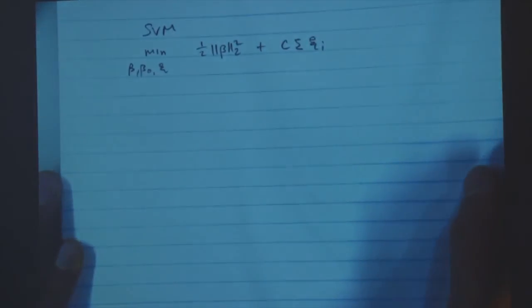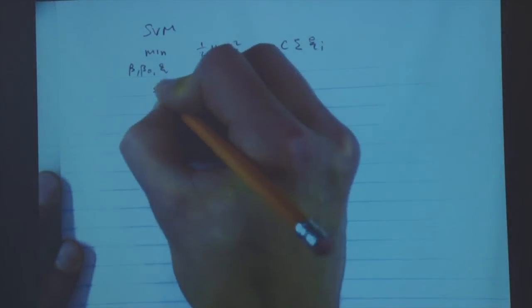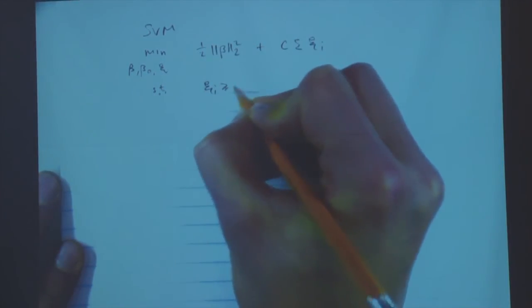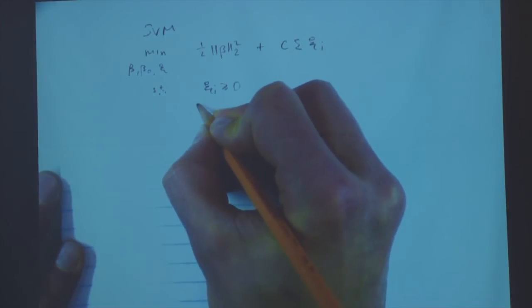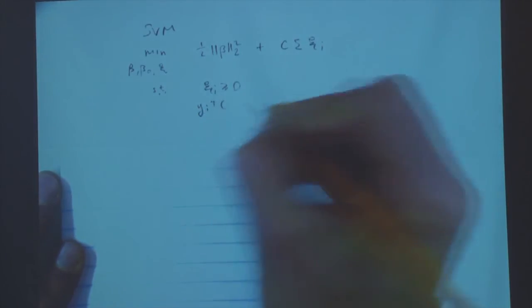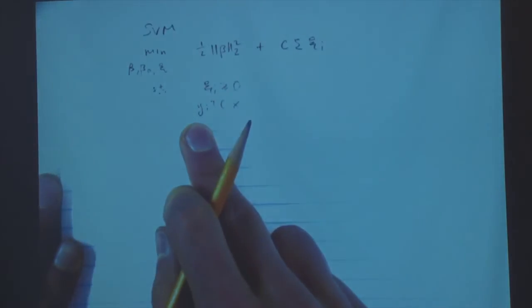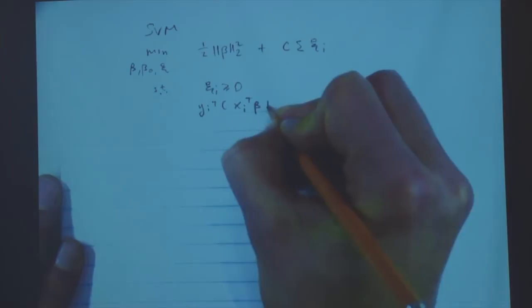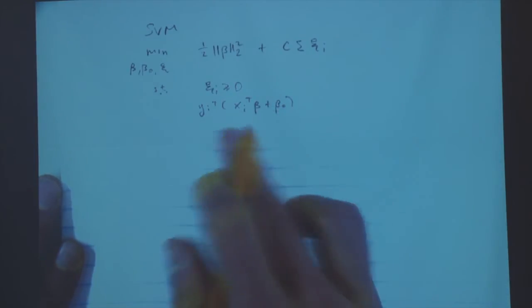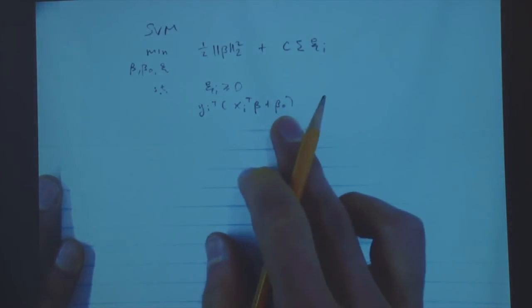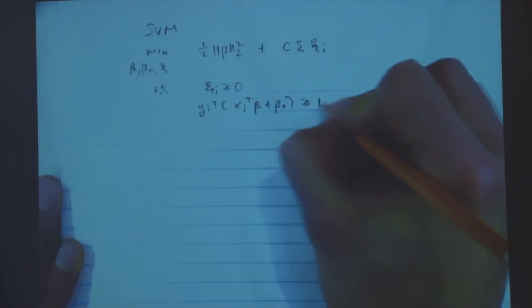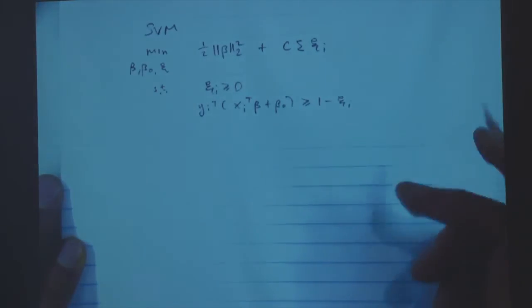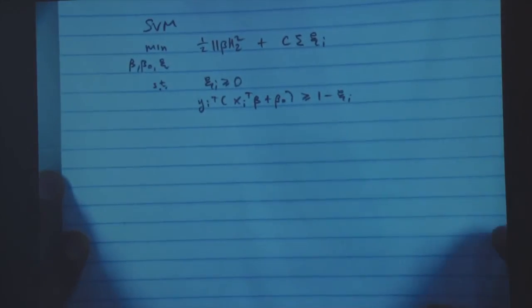And C is a tuning parameter, the strength of that penalty, subject to the usual constraints: each psi has to be non-negative, and we have the classification rule, which takes yi, which is just -1 or 1, multiplies it by xi transpose beta plus beta naught, and says that it has to be no farther from 1 than psi i. Okay.